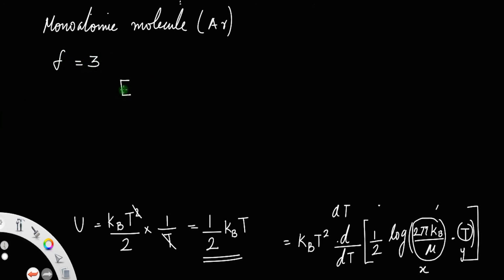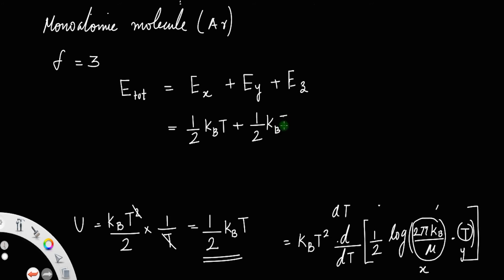So the total energy, E total, will be the energy associated with the degree of freedom in x direction plus the energy associated with y plus the energy associated with z. But you know, each degree of freedom is associated with the energy half kBT, plus half kBT, plus half kBT, which will give 3 by 2 kBT. That is the total energy.